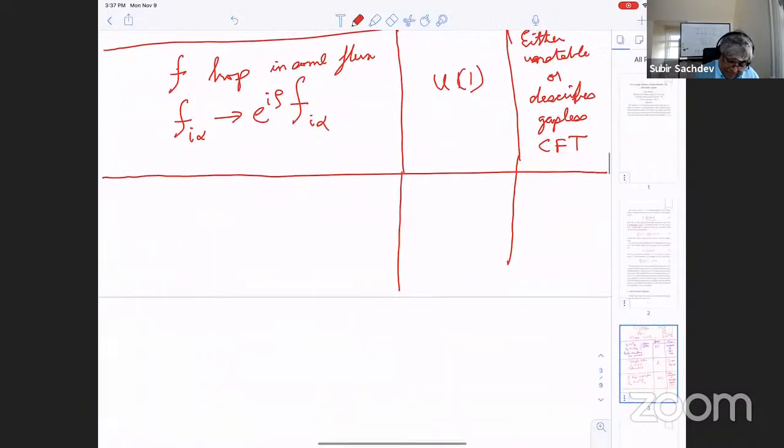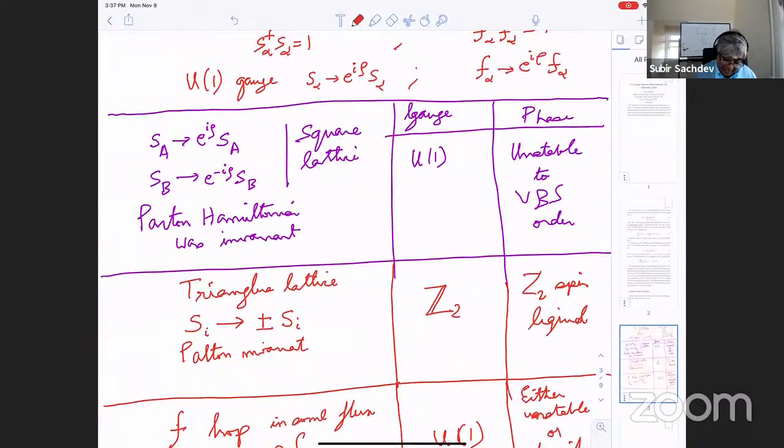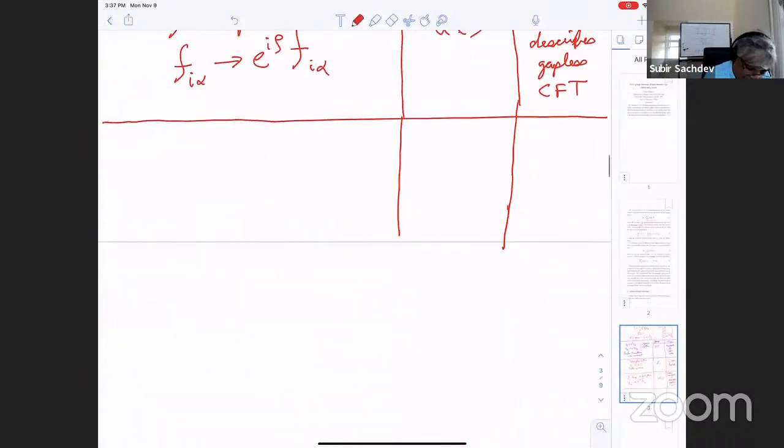Another thing fermions can do, just like the bosons did in both these cases, is that they can pair. So f_i f_j forms a BCS type condensate, not equal to 0. We haven't gone through the details of this, but you can work it out, and we might see some examples later.